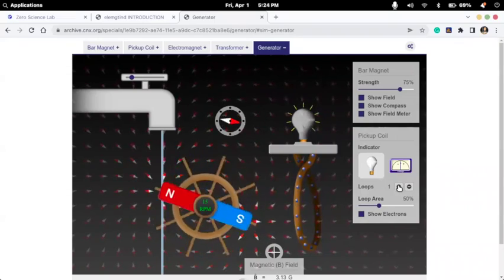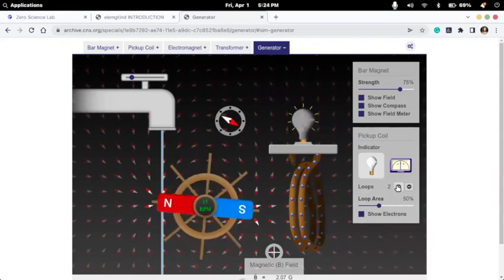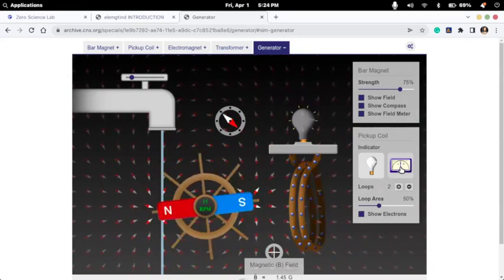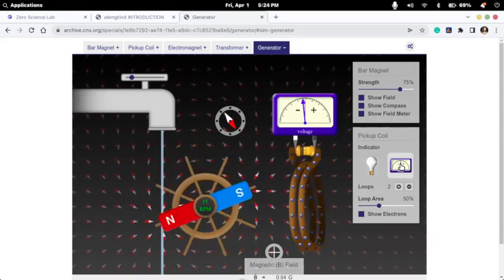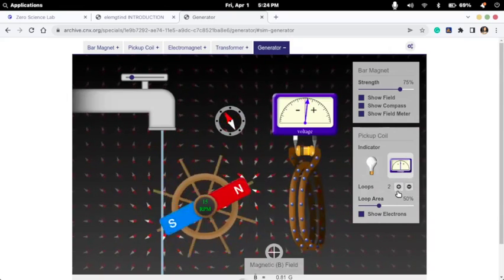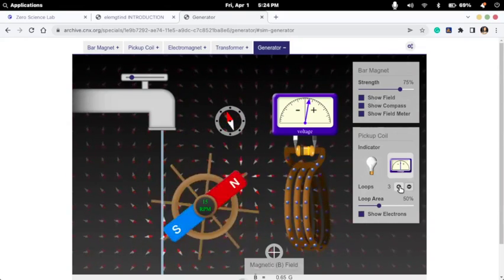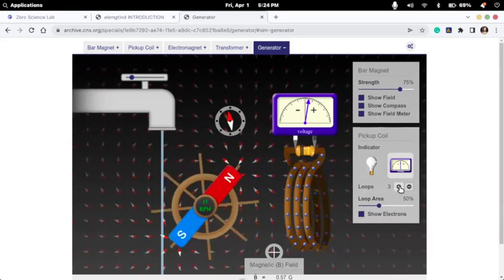Okay, if I increase it, more glow. More length is increasing. More glow, isn't it? Yes, sir. Or if you want, you can see this meter, then that will be clear for you, right? Yes, sir. Okay, now the deflection is more or not now? Just a bit increase.